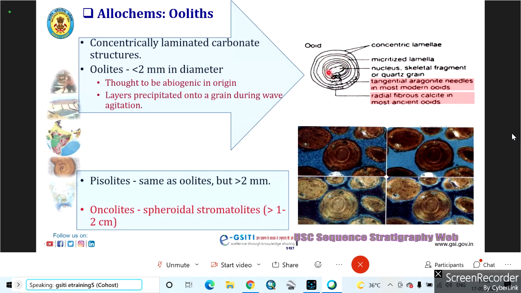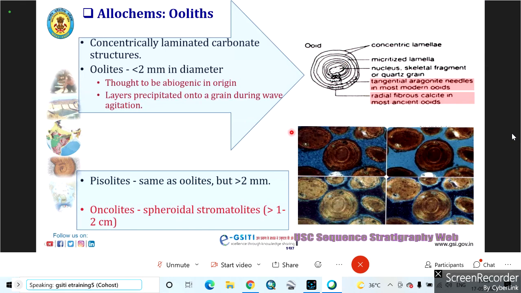One important character, which can be observed only under the scanning electron microscope, is that if tangential aragonite needles are observed in the ooids, it means the ooid is of modern origin. Whereas if radial fibrous calcite is observed in the concentric lamina, it means it is of ancient, that is older, age.